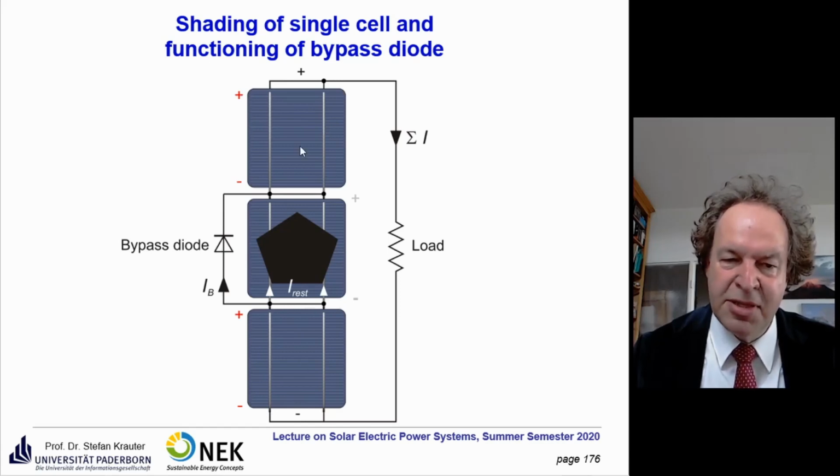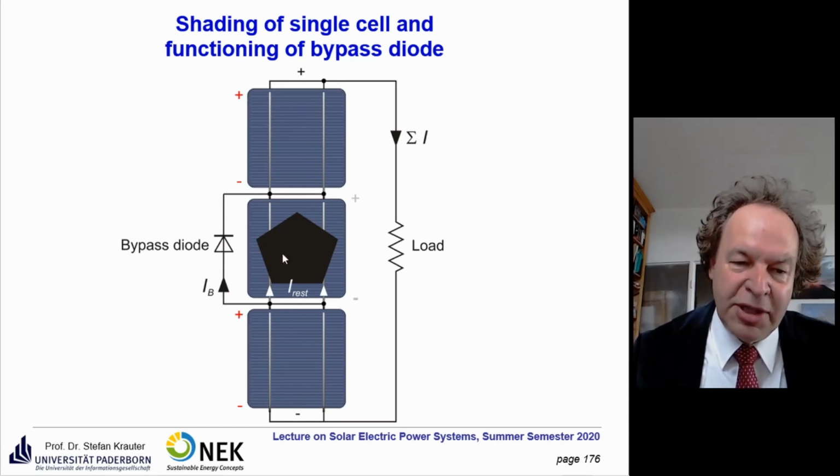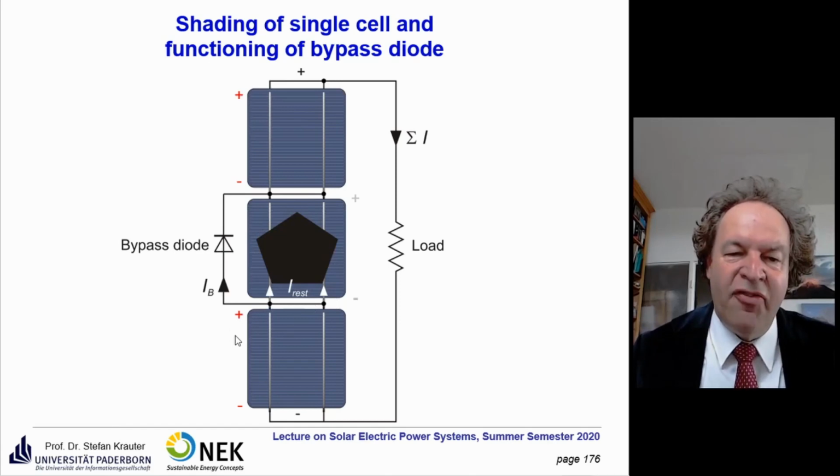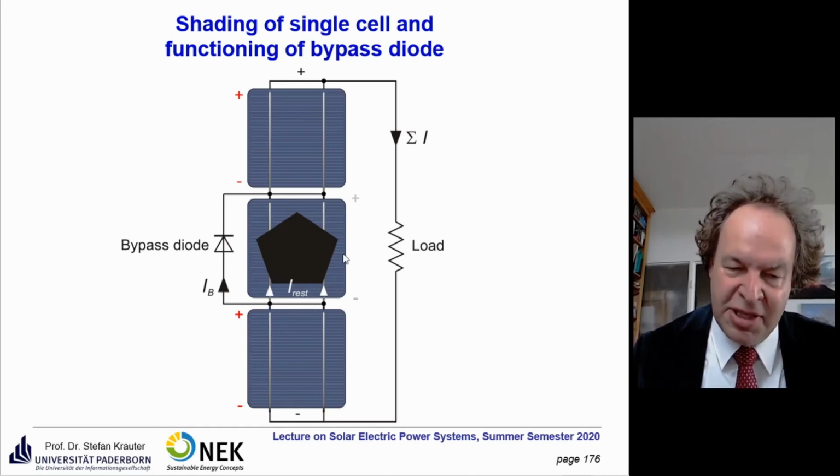There's no current, but still the voltage is applied. So you have plus minus here, and then you suddenly have a reverse voltage on that solar cell. You have plus in the lower part of the solar cell and minus in the upper part. And so you have a negative voltage on that solar cell, and that's important to consider. Therefore, we have to consider on the IV curve of the solar cell not only the positive part, but also the negative part.